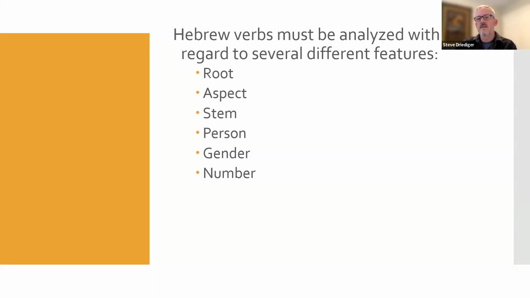There are some other things we'll get to in a little bit with regard to imperative and infinitive, but generally speaking, at least in narrative terms, what we want to know is: is the action incomplete or complete? Is it perfect or is it imperfect? The other thing that's different about Hebrew verbs is what's called stem.